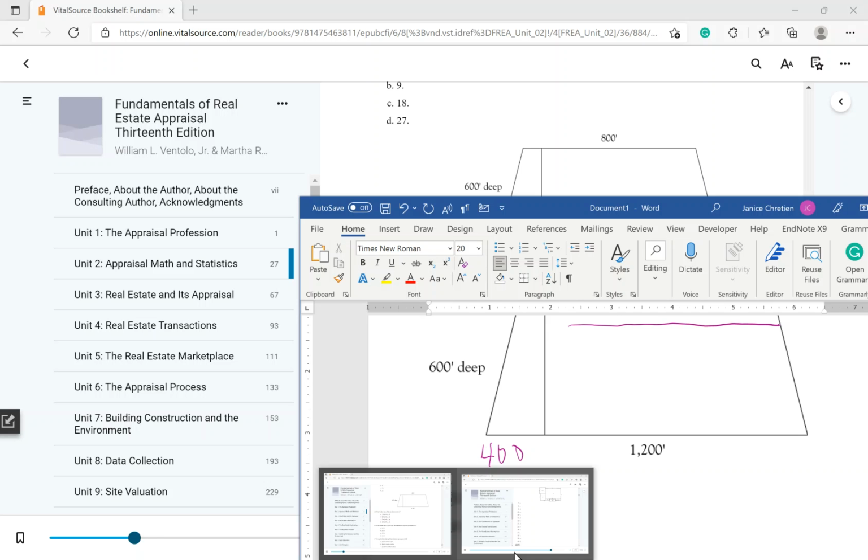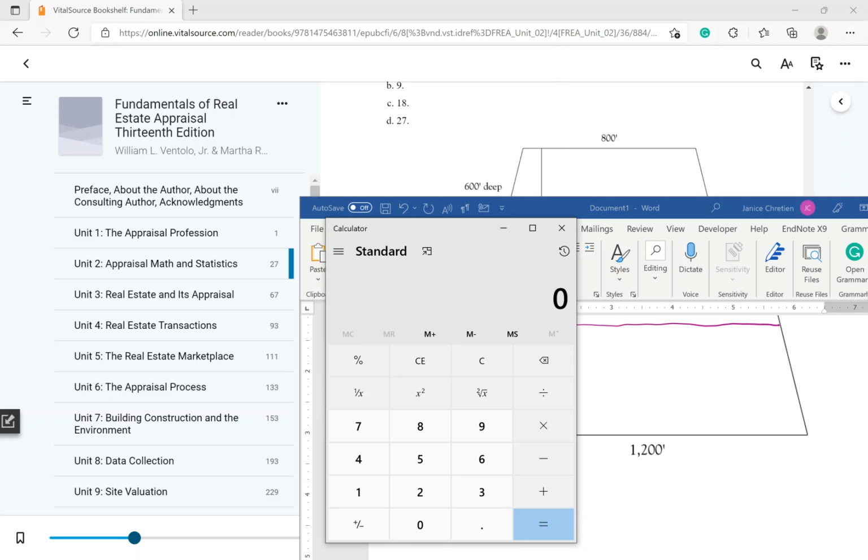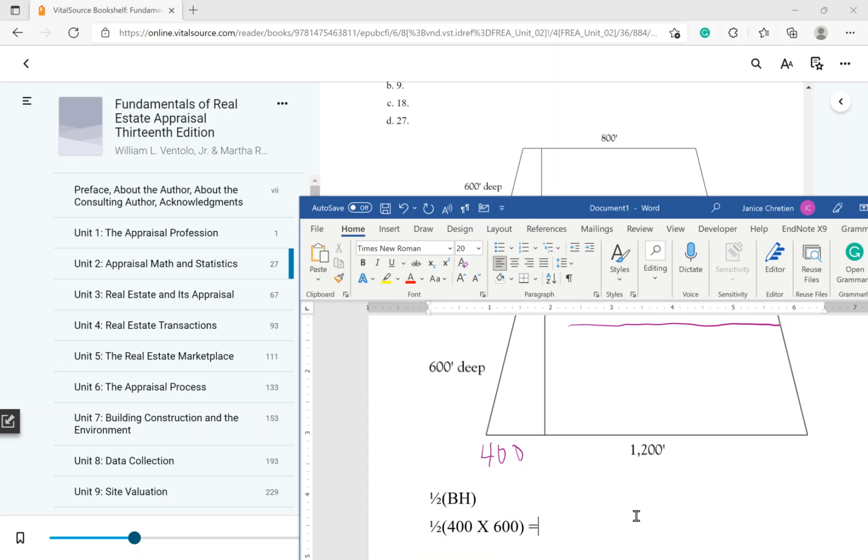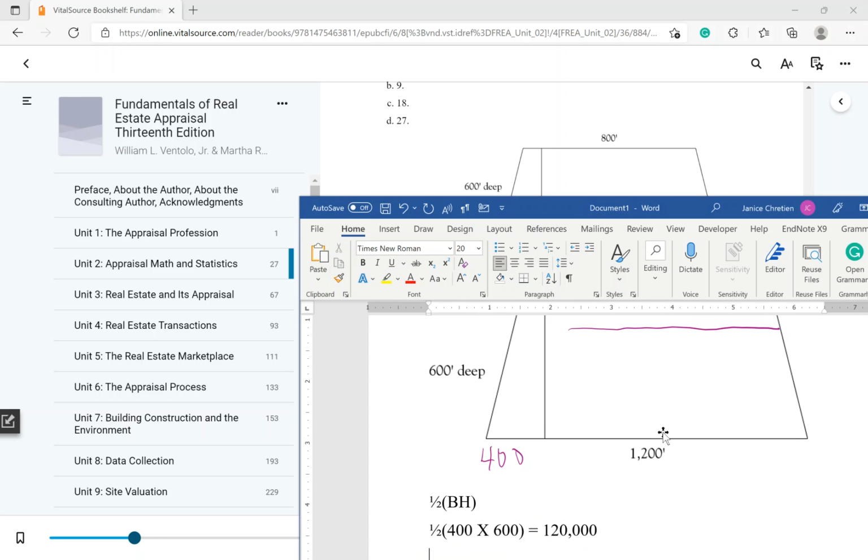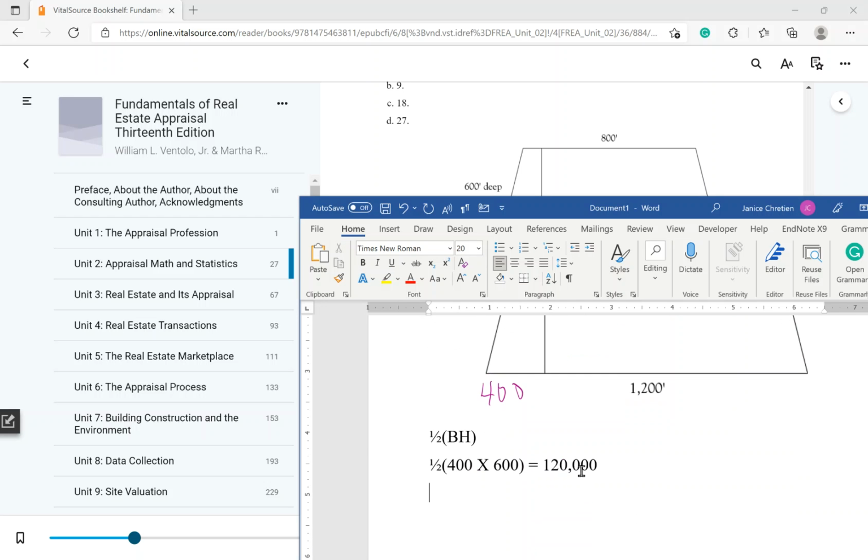So go to my calculator and say 600 times 400 divided by 2 is 120. And then we'll say 800 times 600.